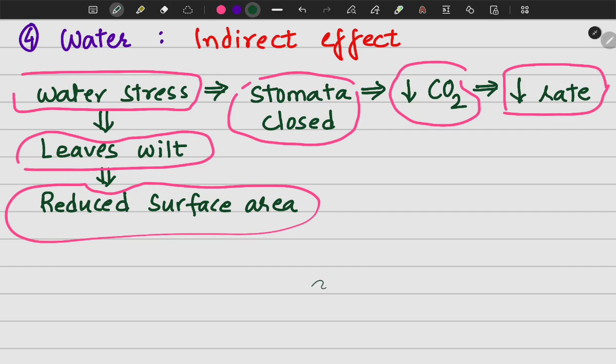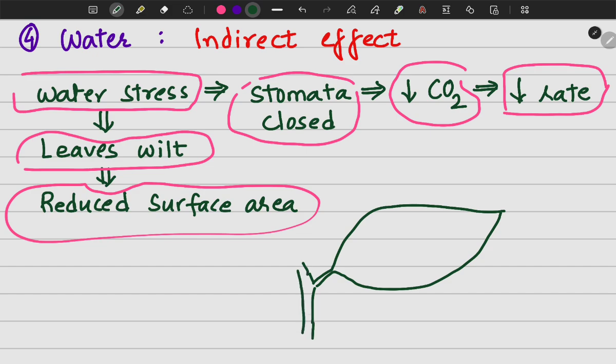So if a leaf is like this, this leaf is not wilted, so its area is exposed very well to the incoming sunlight. Hence the rate of the photosynthesis will go on very well. But in case of water stress, this leaf will wilt and its surface area will decrease like this.